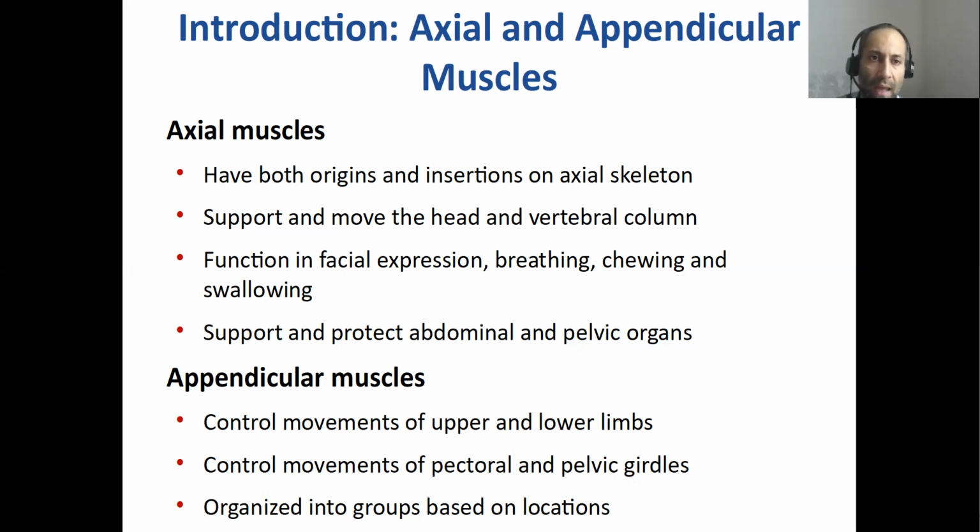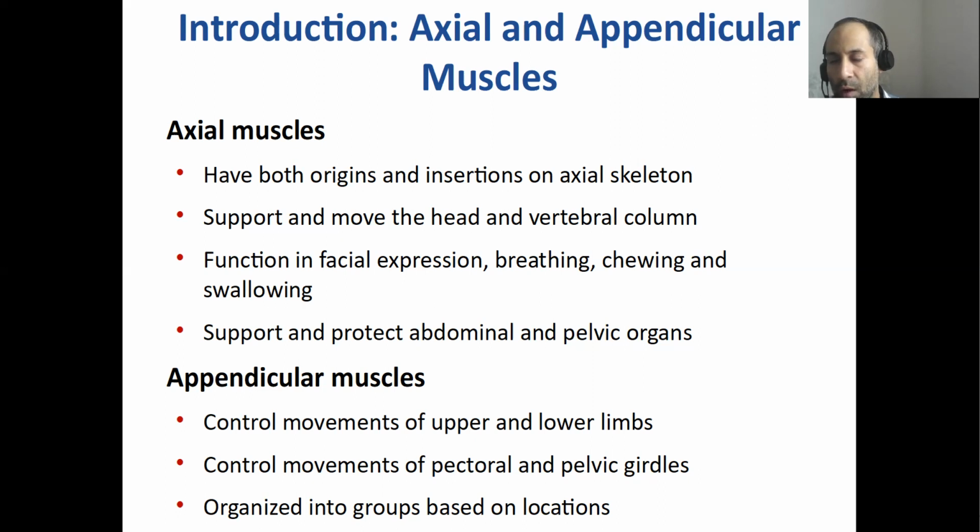So here we're looking at axial muscles versus appendicular muscles. And again, the term comes from axis, which means the center, the midline, the midpoint of the human body. So the muscles of the neck and face and head, also the thoracic and the abdominal region, they all constitute axial muscles, okay?